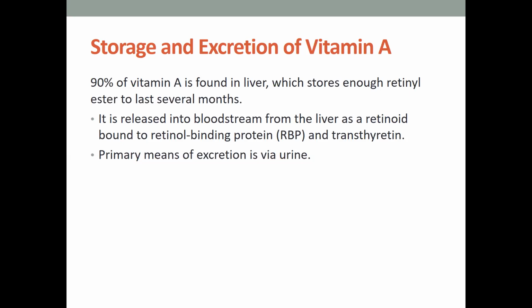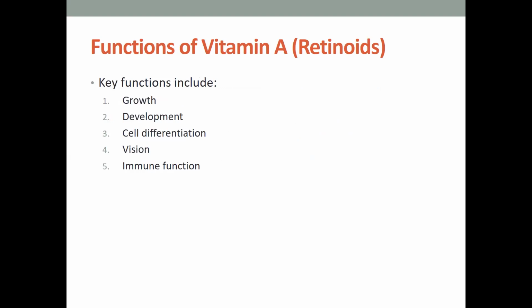It is released into the bloodstream from the liver as retinoid bound to something called retinol binding protein and something called transthyretin. And we can excrete vitamin A via the urine, although it isn't easily excreted. So this is one that we're going to have to talk about toxicity.